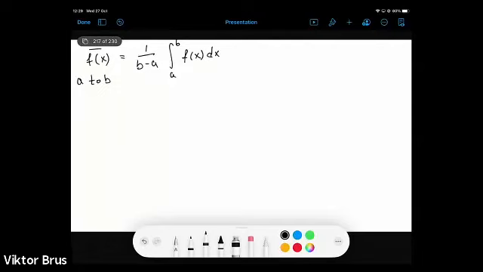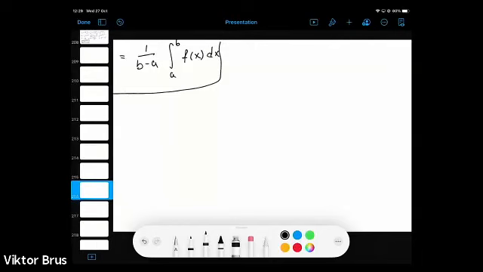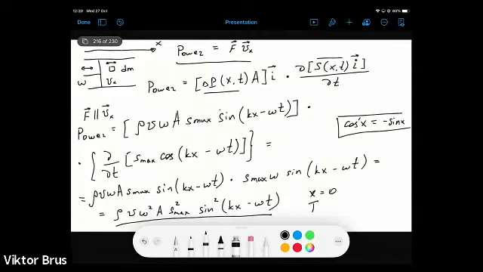So that is the general definition of how we can get an average value of a function. Obviously, we need to consider, instead of an arbitrary function f(x), the function which we derived on the previous slide, which is power as a function of time, because we assume x is constant, x equal to 0.